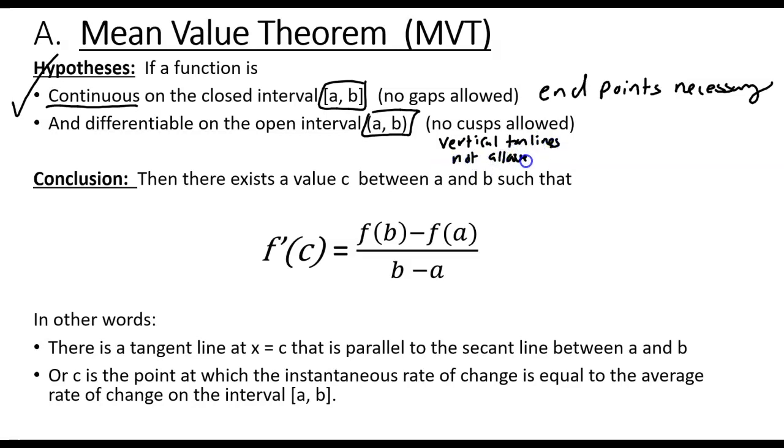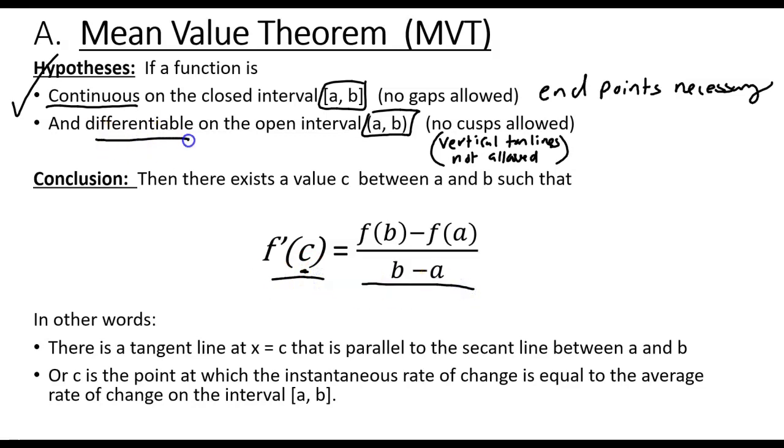Vertical tangent lines also are a place where a function is not differentiable. So you can't have any cusps, and you can't have any vertical tangent lines. If you do, then we can't use the mean value theorem to be sure that there is a c value where the derivative equals the average rate. Okay?